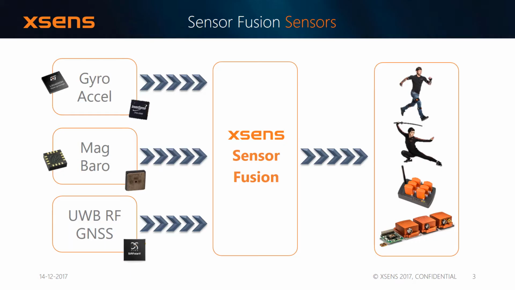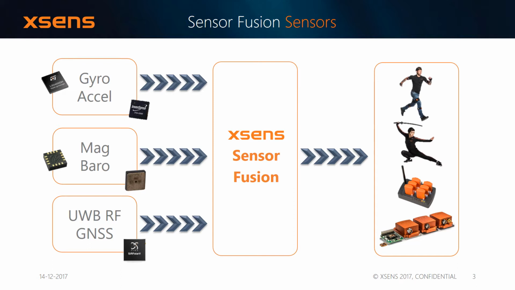So, what do we do here at Xsense? A lot of people think that we're a hardware-based company, which we're in fact not. We're more of a software-based company. What we do is gather data from hardware, so gyroscopes, accelerometers, magnetometers, and we combine those. We do sensor fusion, and that's the power of Xsense.